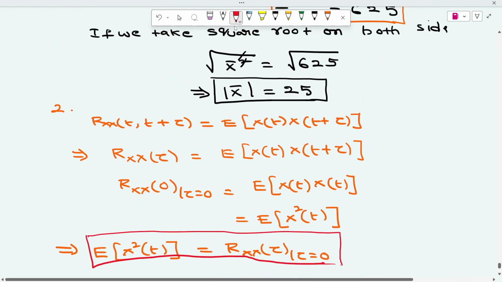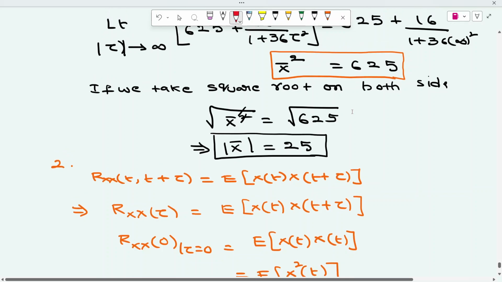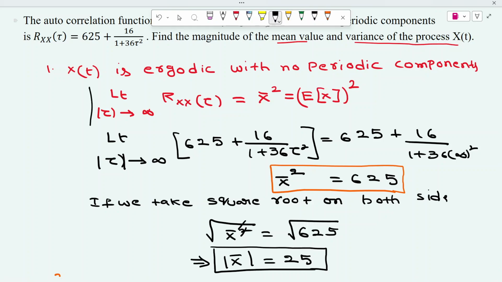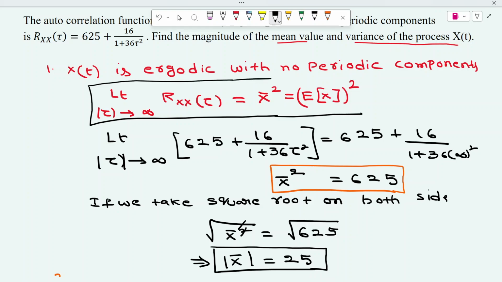The other is that we can get the mean value from the expression limit mod tau tends to infinity of Rxx of tau, which gives you the mean value square.